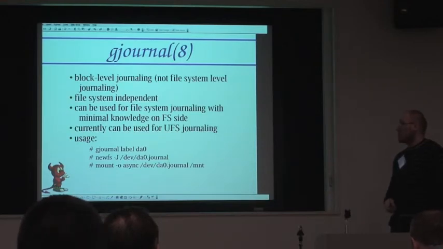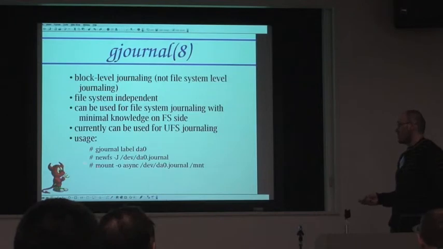It's mostly file system independent. The file system still has to have a bit of knowledge about the journal, but the code is really simple and has to be implemented for each file system we want to support. But it can be used for journaling file systems. Currently, it is only implemented for UFS on FreeBSD.